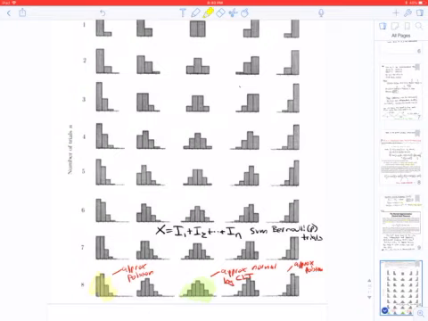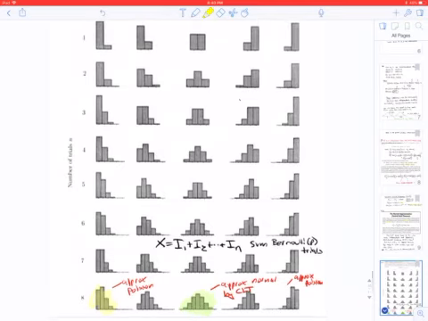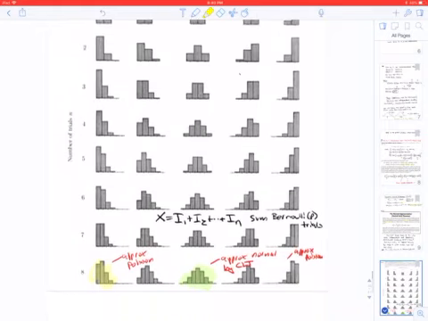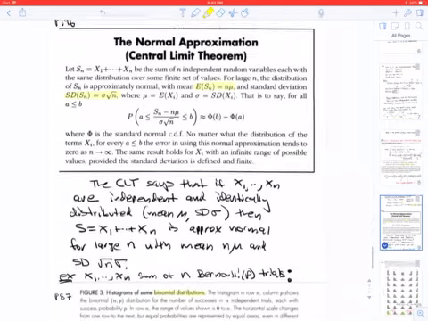A sum of independent, identically distributed random variables is approximately normal. And so it can be any random variables. It doesn't have to be Bernoulli trials. So that's the power of it. It's actually true very generally, but we saw an example of it for binomial.